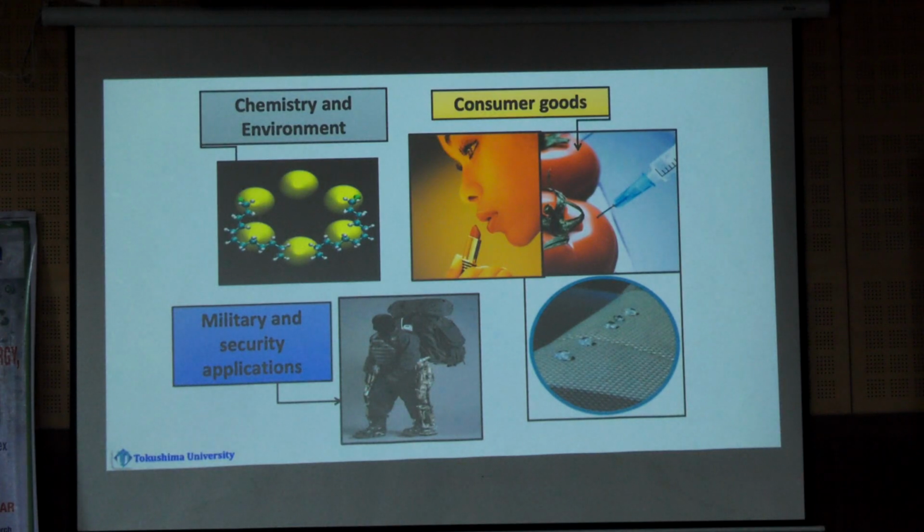Consumer products: there are many consumer products, good in the field of cosmetics also, not only the sunscreen but other things that can be a part of cosmetics will be useful when we think about using the nanoparticle.